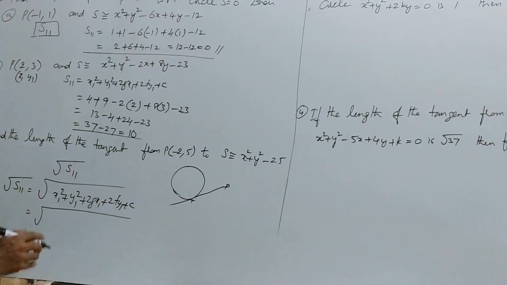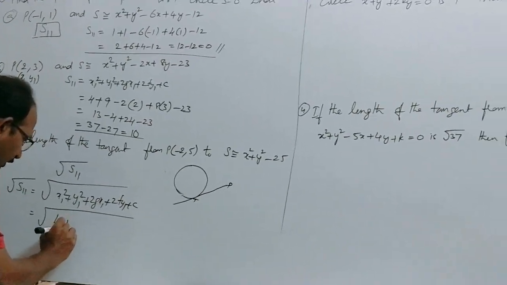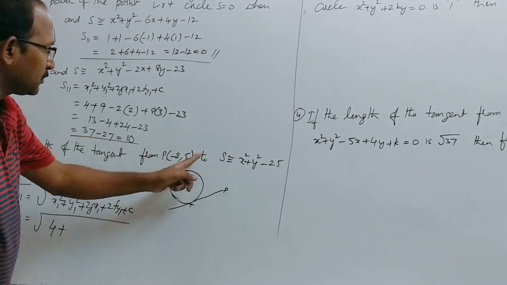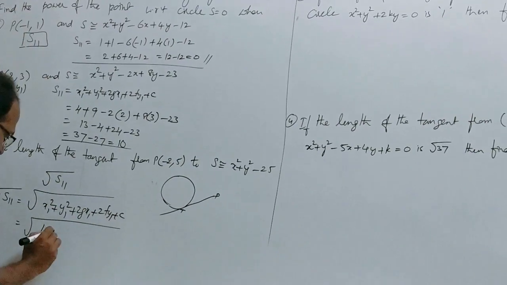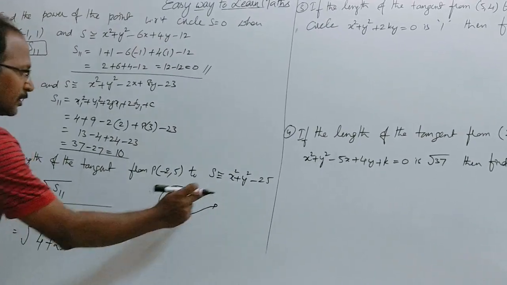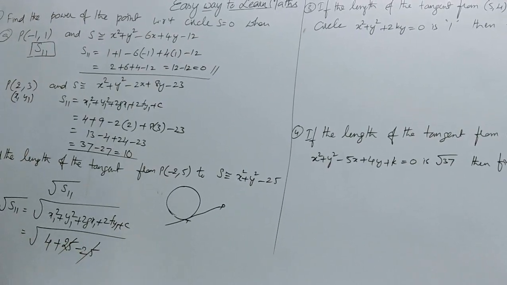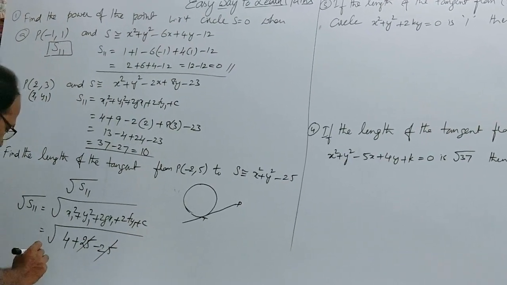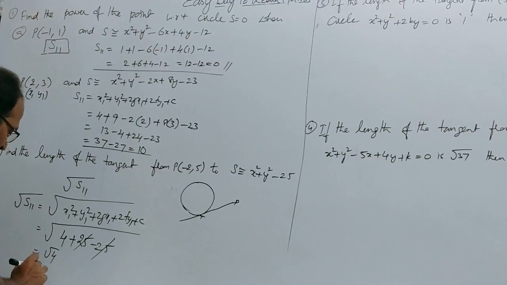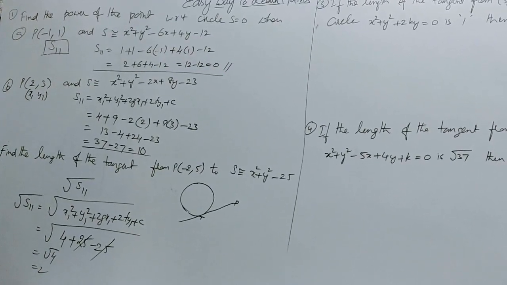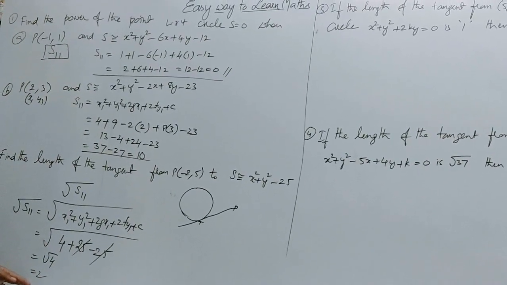So x square is -2 whole square, which is equal to 4, plus y square means 5 square, 25, and here it is given as minus 25, the c value. Plus 25 minus 25 get cancelled, and root 4 is nothing but 2. Therefore the length of the tangent is 2 units in this problem.